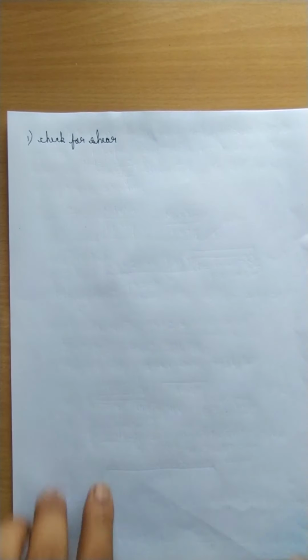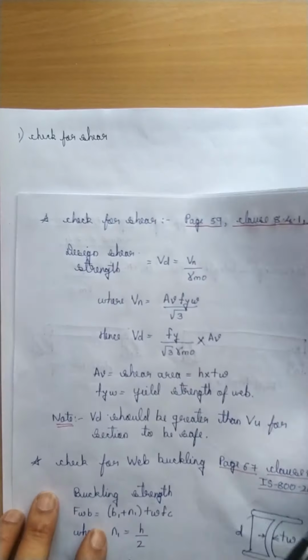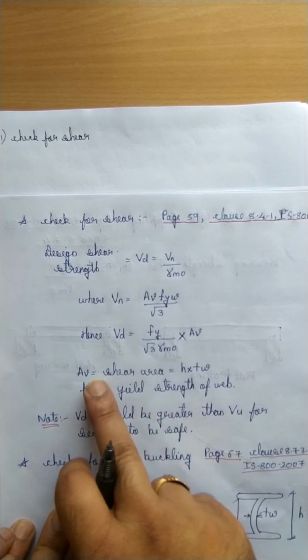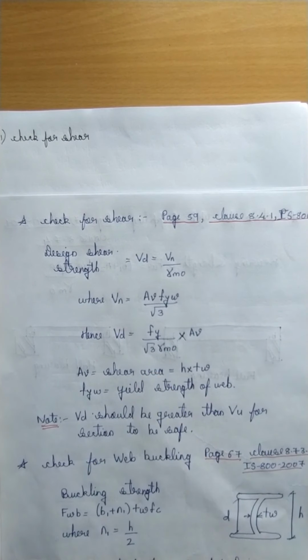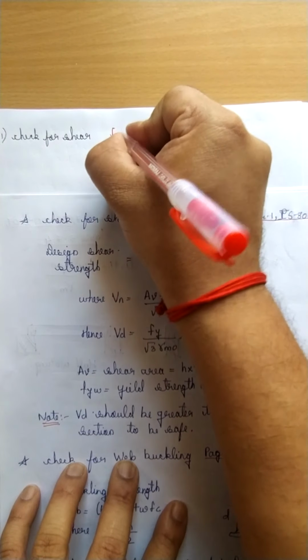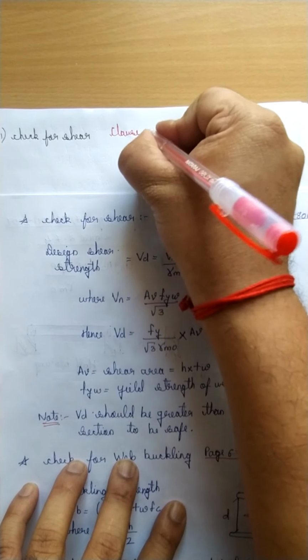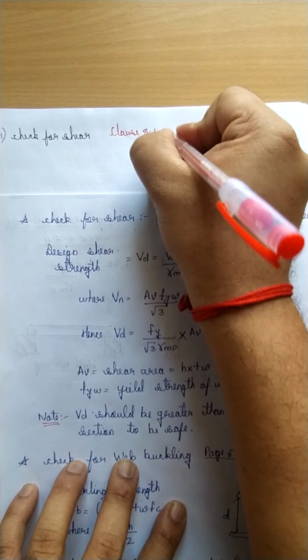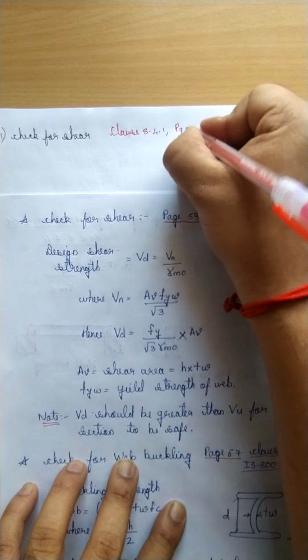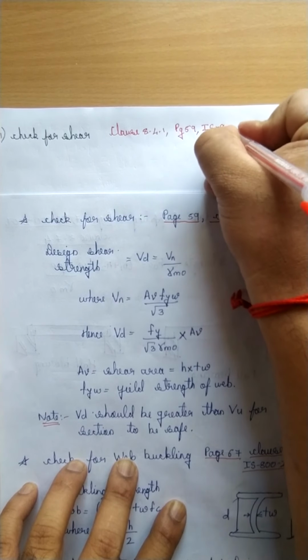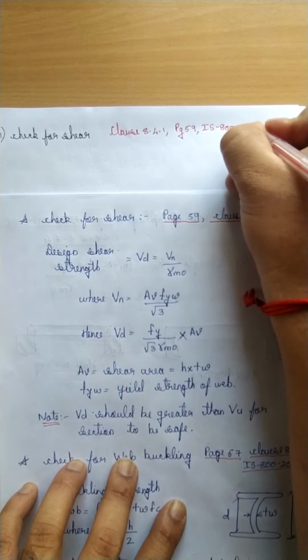So for shear, we already know the clause is given. It is on page number 59, clause 8.4.1, and this is the formula. We also know the shear area. So I will directly write it. From clause 8.4.1, page 59, IS 800 2007.